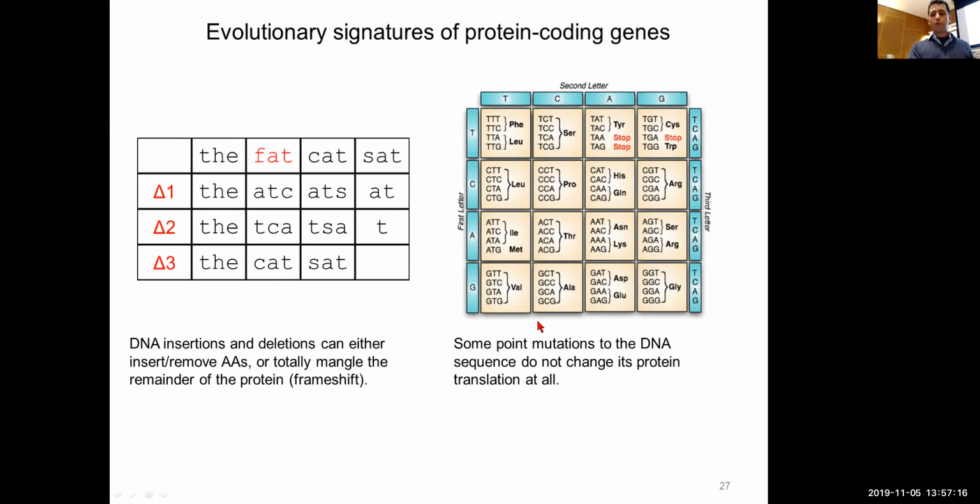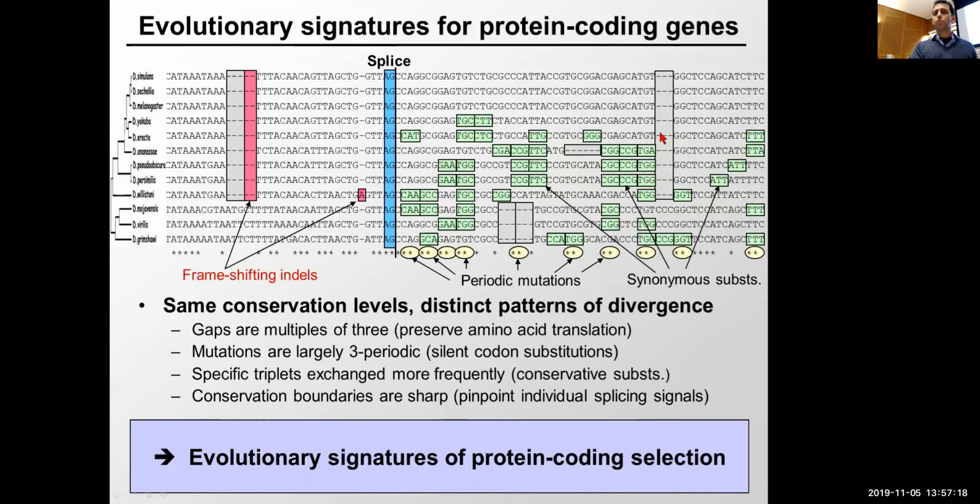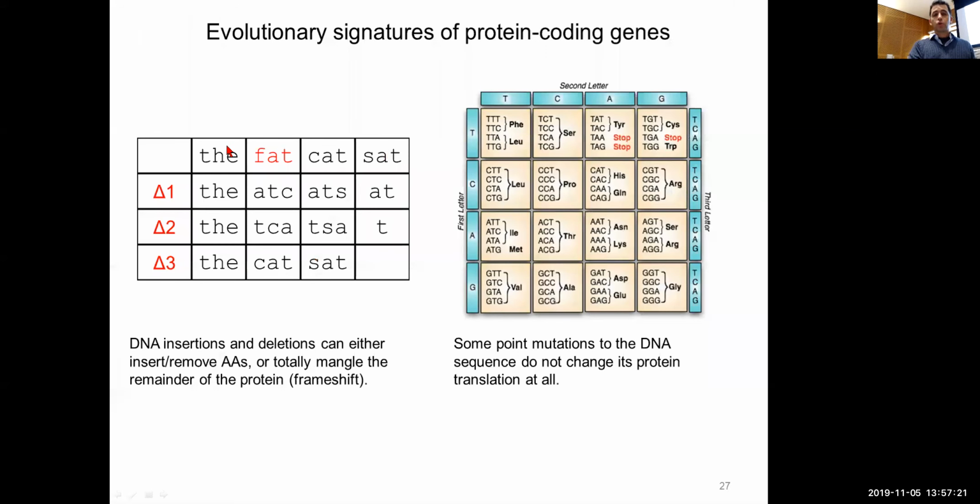Okay, so the first signature of these gaps being multiples of 3 has to do with reading frame, obviously. So if I write the fat cat sat, you understand the sentence. If I delete 1 letter, the at makes no sense. If I delete 2 letters, the makes no sense. And then if I delete 3, the cat sat still makes sense.